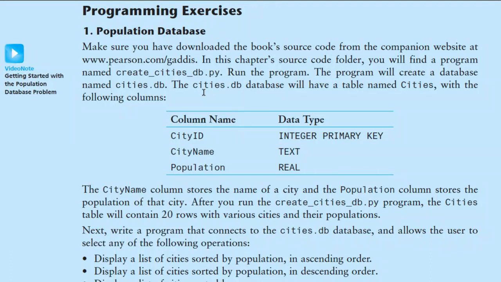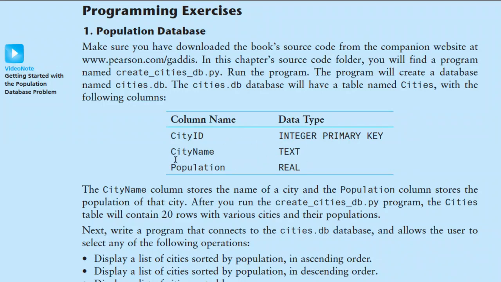Now, this is a Python program that will create a database called cities.db. It will have a table named cities, and the cities table will have three columns. The first column is named city ID, which is an integer primary key.